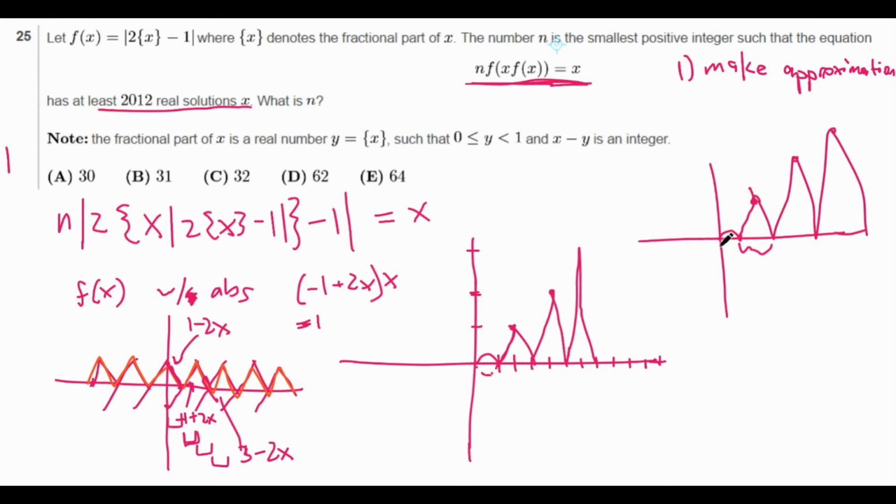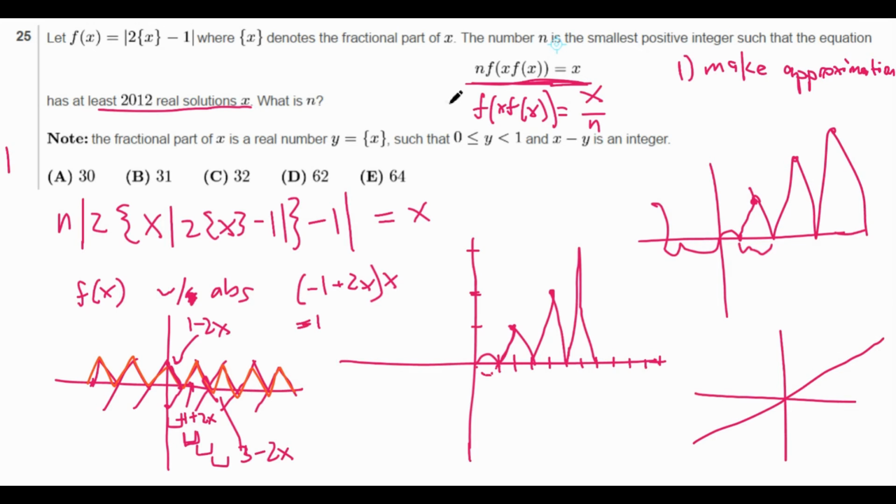So why didn't I draw the negative x-axis as well? Well, note that at the end we have f of x equals x over n, and we want to find the intersections of these. The right hand side is just a graph that looks like this.